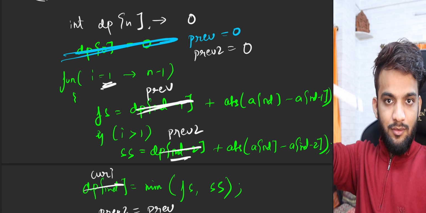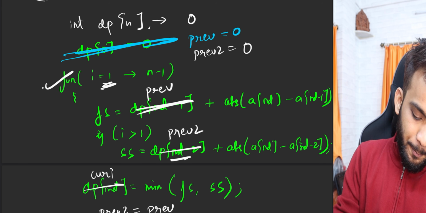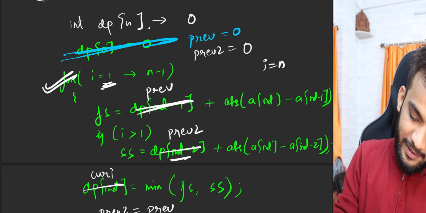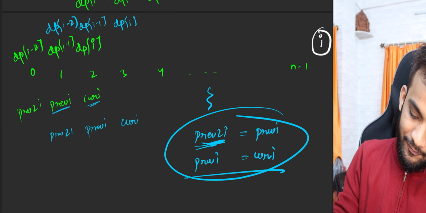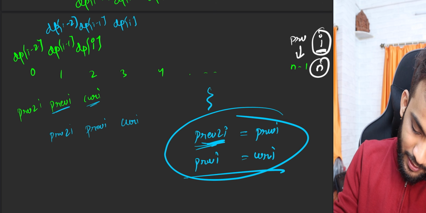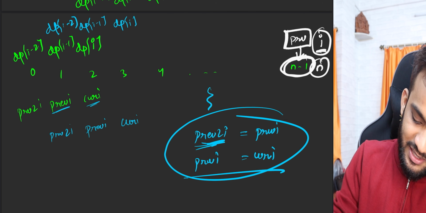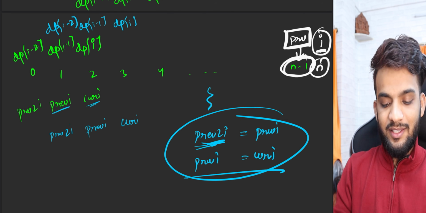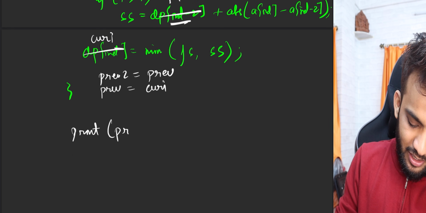Whenever this for loop ends, the value of i will be n, and previous will be at n minus 1, and you always require the answer of n minus 1. So whatever is the answer for previous will be your answer. So you can easily print the answer as previous.